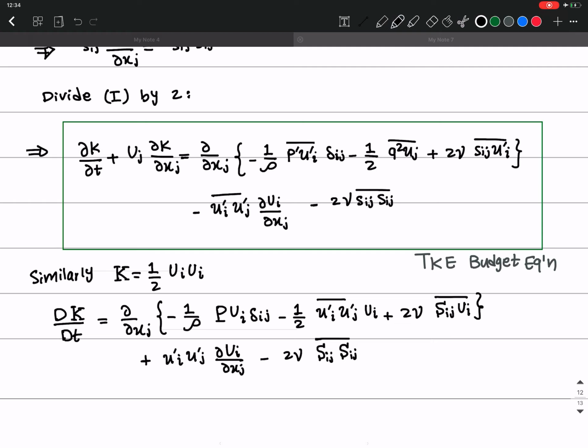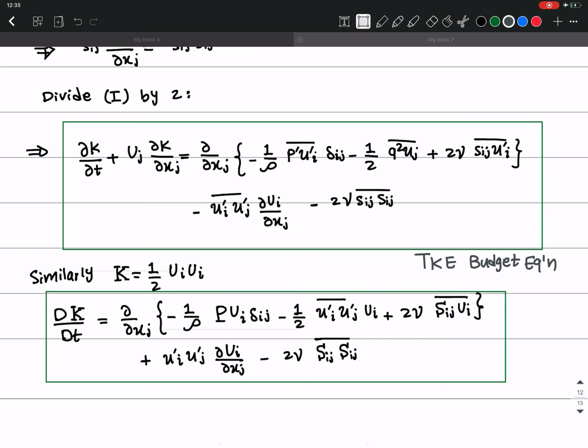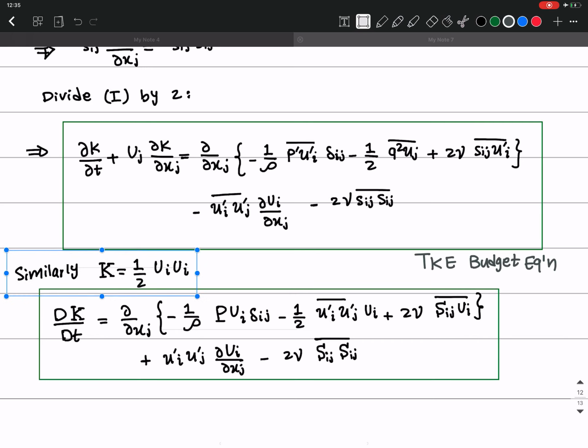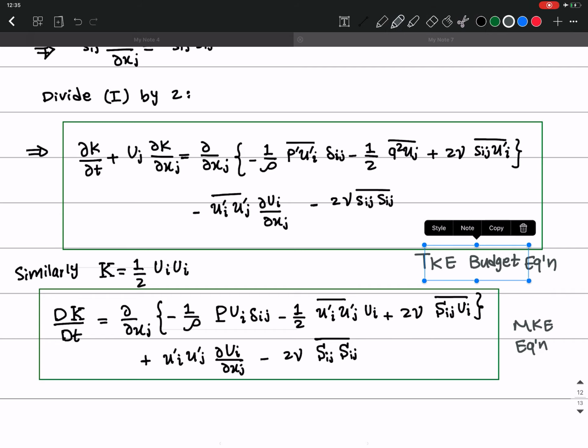Okay, and this is known as, so let me put it here. This is known as the MKE budget. MKE, mean kinetic energy equation, budget equation. Okay, so TKE budget equation and MKE budget equation.